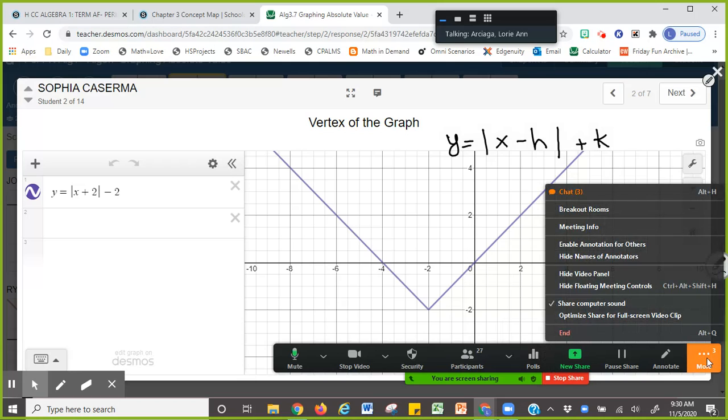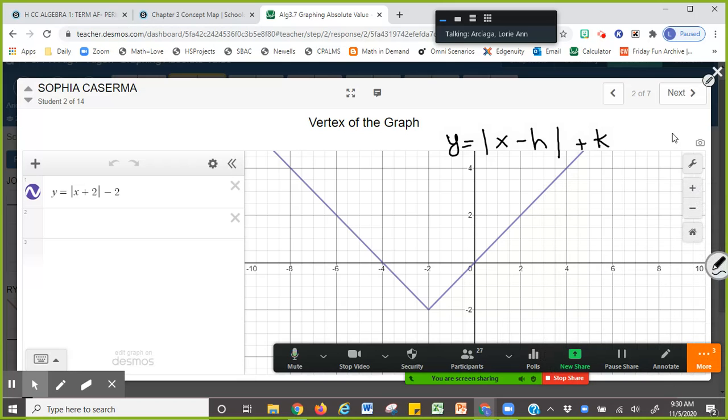Okay, so what's the pattern? I hate to give the answer to you, but okay, so this number, right? You get the opposite of that one. So in Sophia's screen, if this is +2, the vertex from here is -2. You see where it went? That's -2, right?